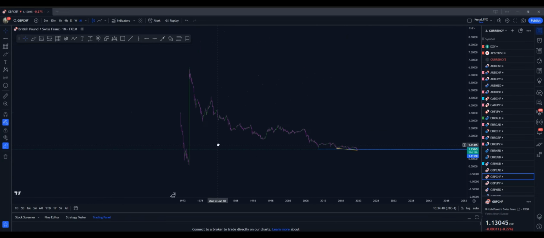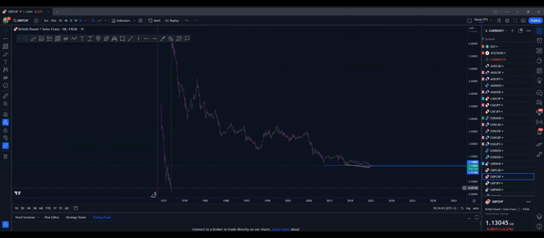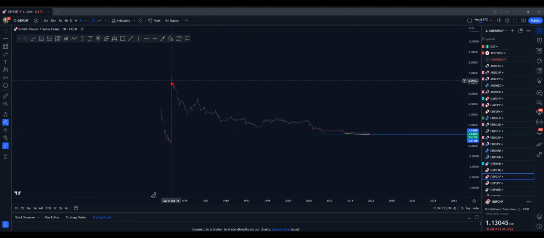Honestly, GBP Swiss. When you really look at it, you're just thinking, in 19 whatever, we moved from the pound being at... I mean, that's a crisis. That's a full on... what happened to the Swiss franc at that point? Hey, look, listen, the pound is worth 22 pence a franc.